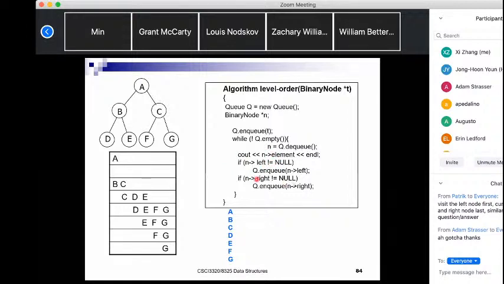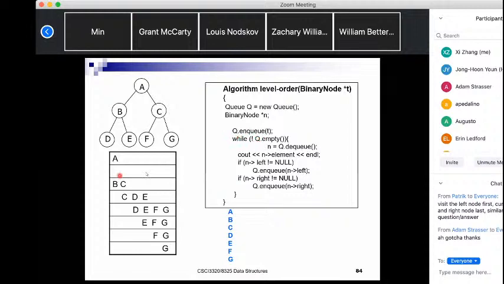For example, here after taking out A, the left subtree root B and right child C will be entered into the queue, and I'm done with A. I'm going back to the while loop, and the queue is not empty because B and C are there.